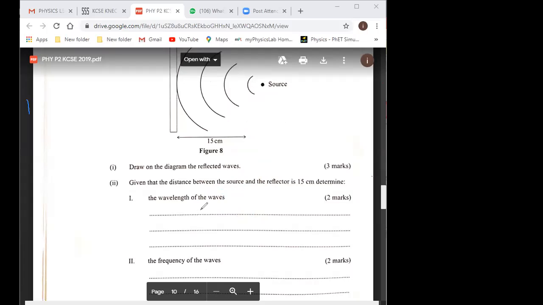Kabila? What is the wavelength? I'm not yet through. Okay, another person. It's only that you have raised your hand. Okay, someone else?